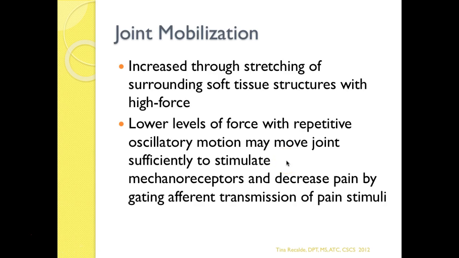That's going to stimulate the mechanoreceptors that decrease the pain by gating the afferent transmission of pain stimuli. And if you're having a hard time remembering that the sensory is the afferent pathway and the motor is the efferent pathway, sometimes I just use the acronym SAME, S-A-M-E, and so sensory is the afferent and motor is the efferent pathway.